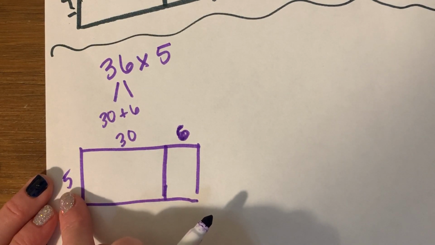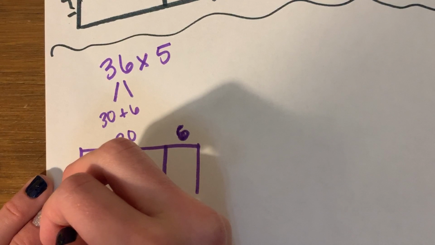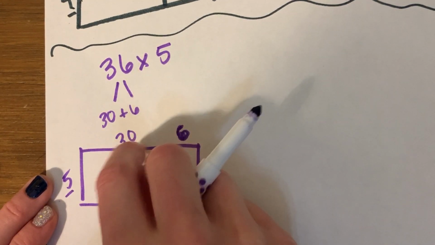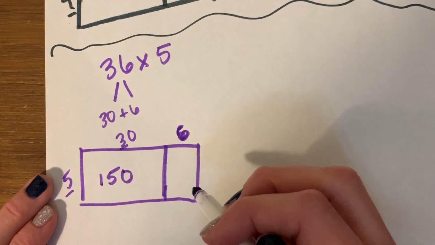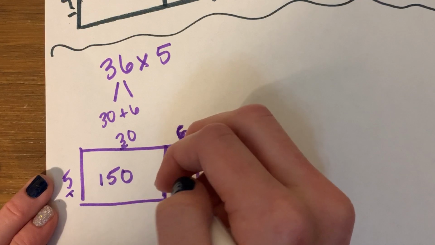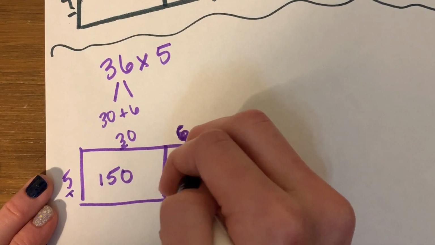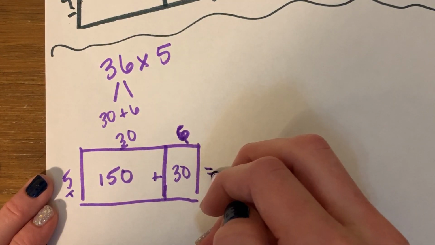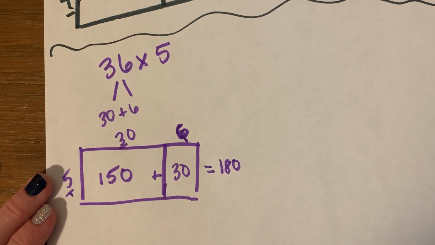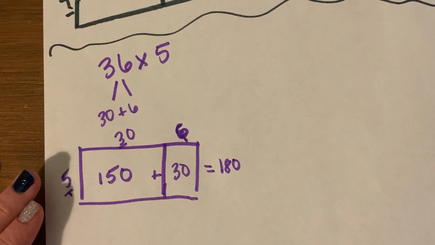Next, I'm going to take 5 times 30. I see my basic fact of 5 times 3, which gives me 15. And then I have a 0 here. I'm going to tack it on. Then I'm going to take care of 5 times 6, which gives me 30. And I'm going to add those two numbers together, and I'm going to get 180. Okay?